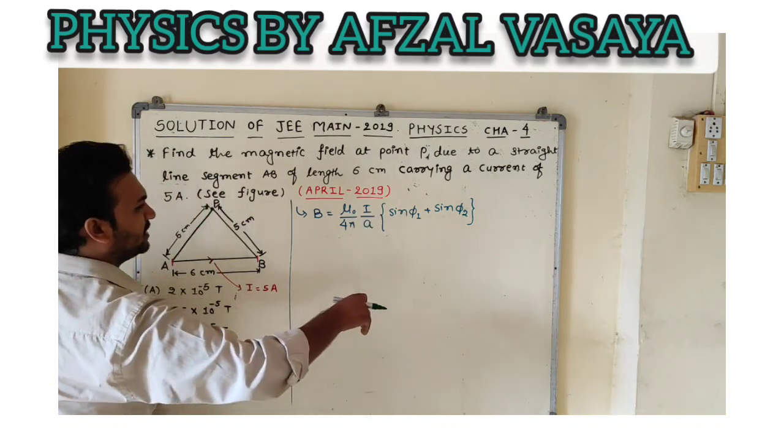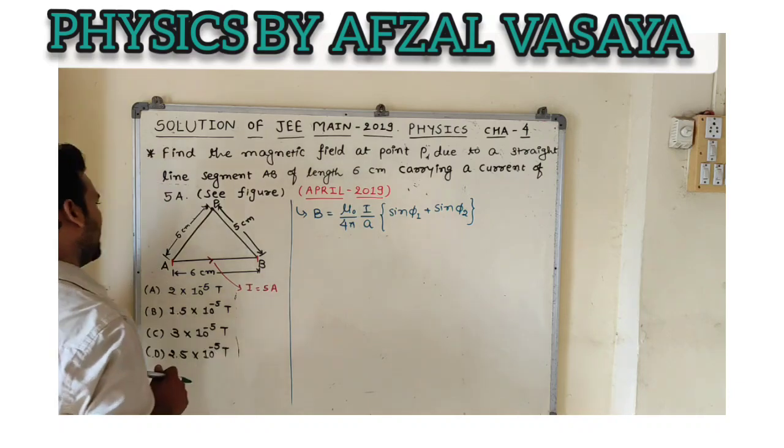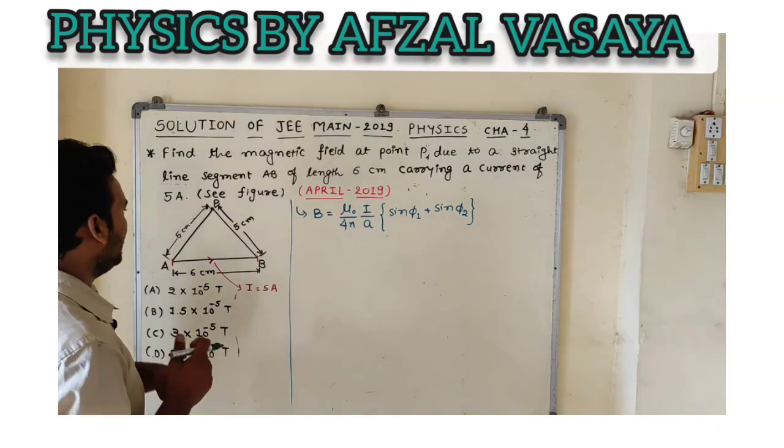Before phi 1 and phi 2, we will discuss the perpendicular A. So how can we find the perpendicular A?